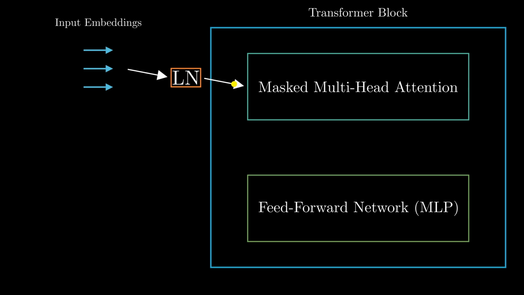But here is where one of the most important innovations of this architecture comes into play. A deep network with many layers faces a potential problem. As information passes through complex transformations, some of the original, raw information from the input can get lost or distorted. How do we ensure the network doesn't forget where it started? The solution is elegant. We add a shortcut or a bypass route known as a residual connection.